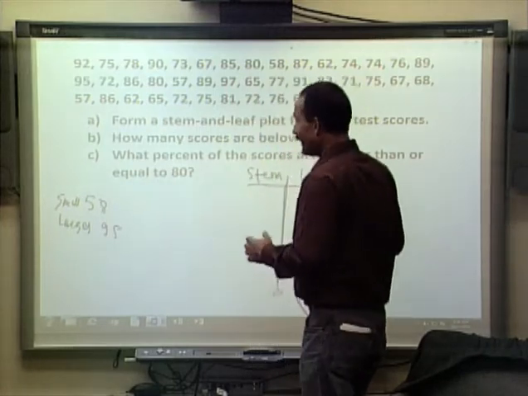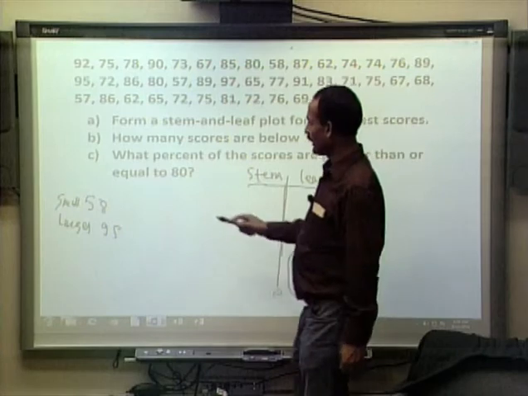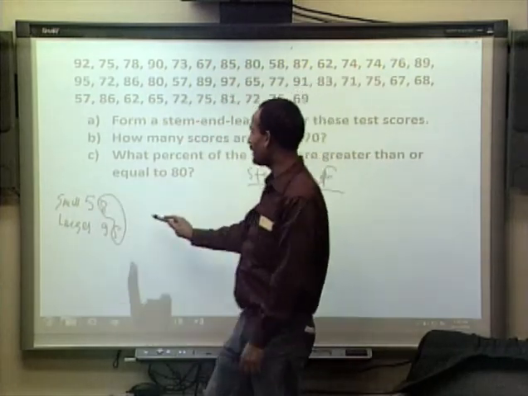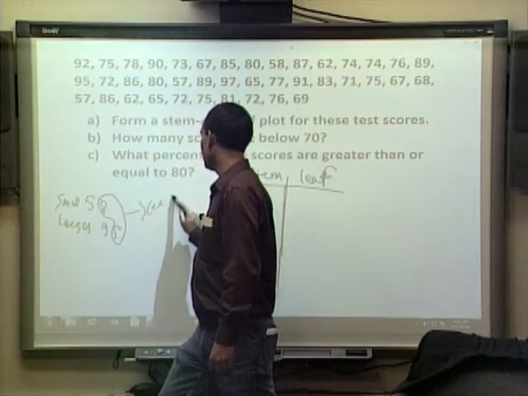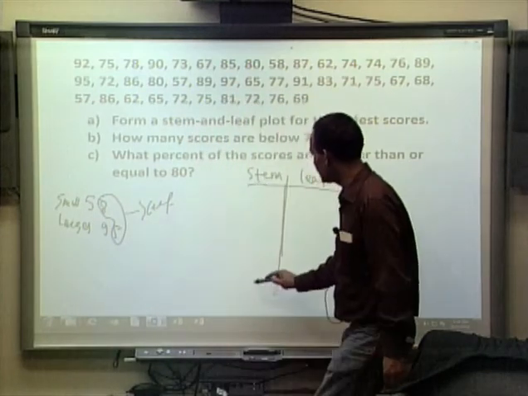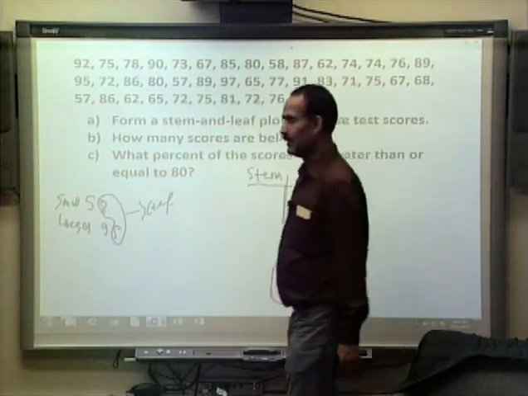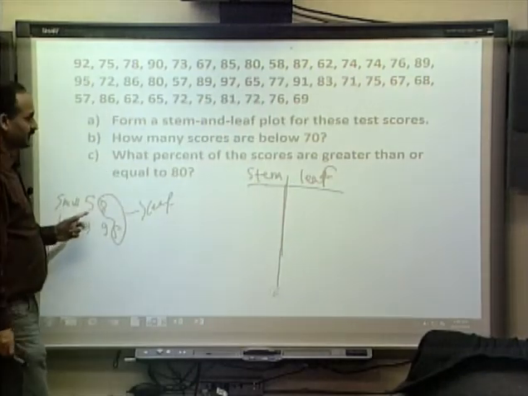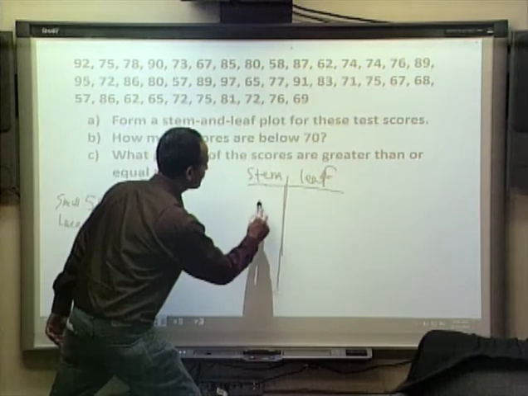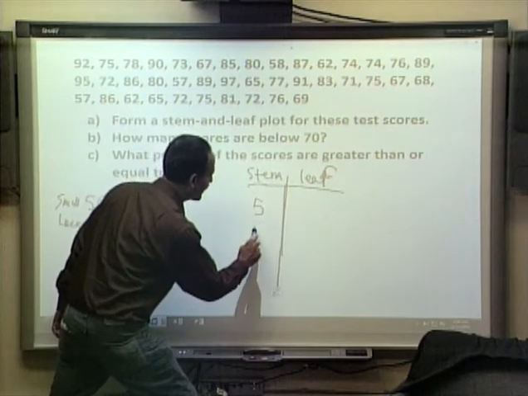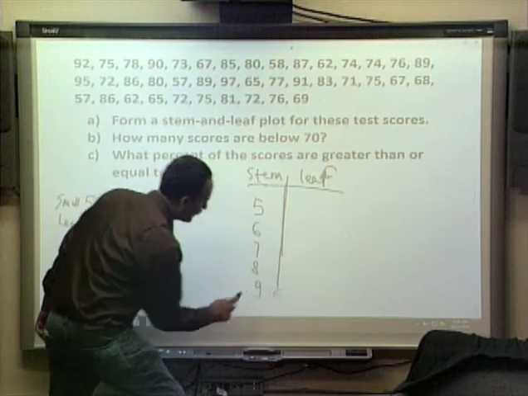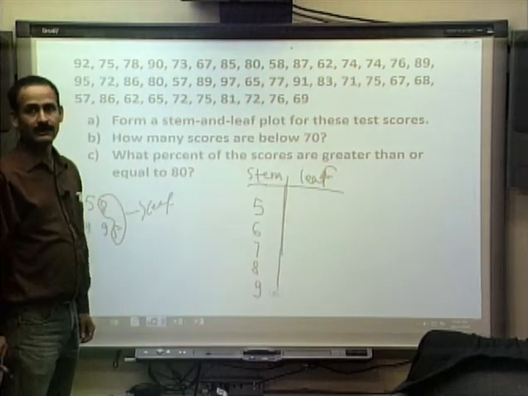The leaf will be the last digit, so we reserve that for the leaf, and we put the possible stems in the first column. Since the smallest observation is in the 50s, I will start the stem with 5, then 6, then 7, then 8 and 9. These are my stems.